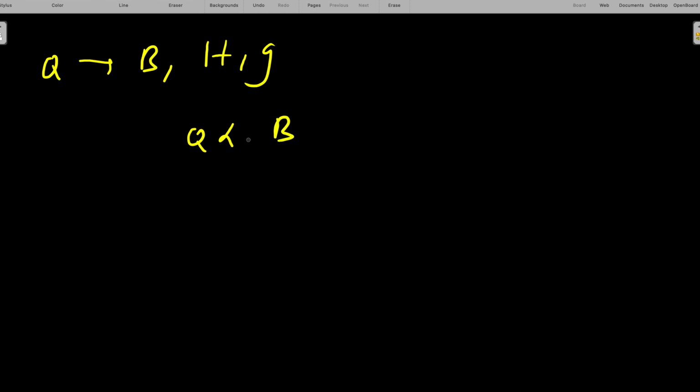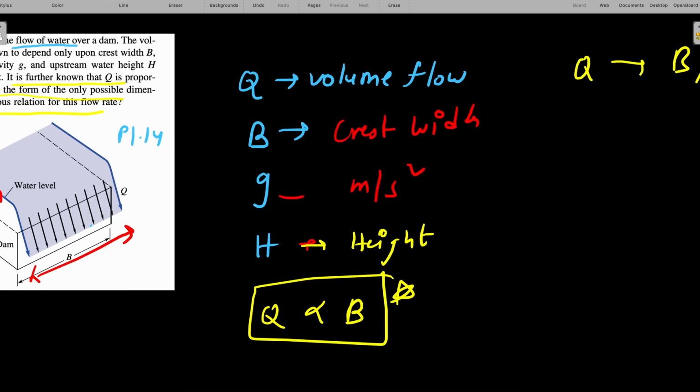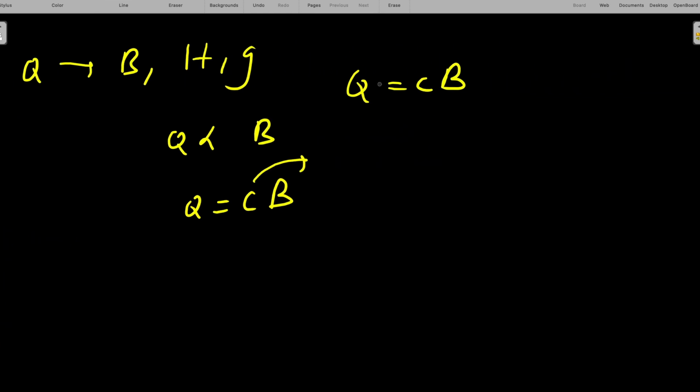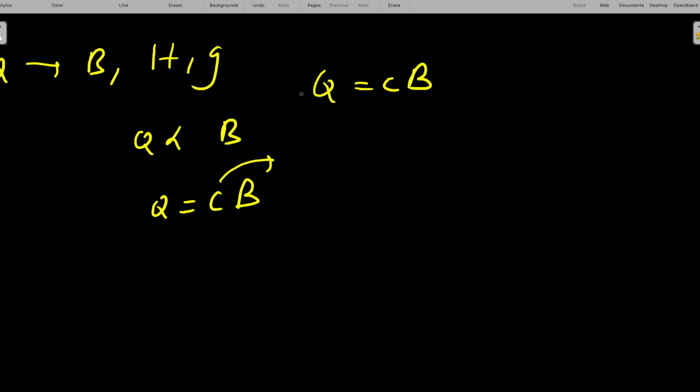In physics and mathematics, generally we know when you remove the proportionality, we get a proportionality constant. Let's say that is C. So Q is C b. They have also said it depends on the acceleration due to gravity and the height, but we don't know how it actually depends. With b, we are clear that it depends with the power one.